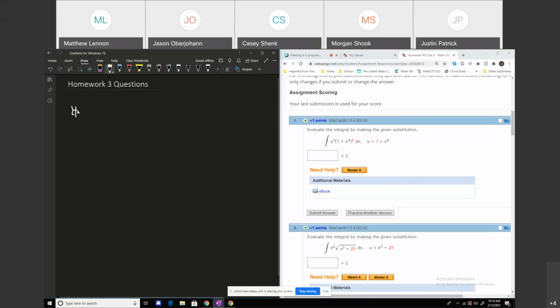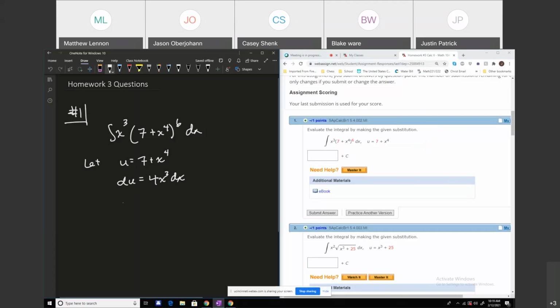So number one, we're doing the integral of x cubed times 7 plus x to the fourth raised to the sixth dx. So as mentioned, what we want to do is let u be 7 plus x to the fourth. So then du will be 4x cubed dx.